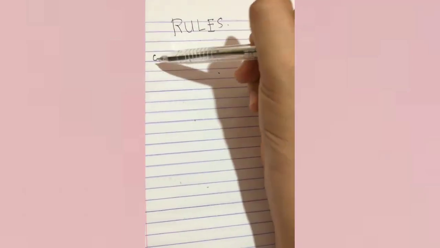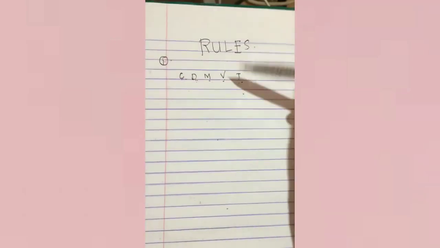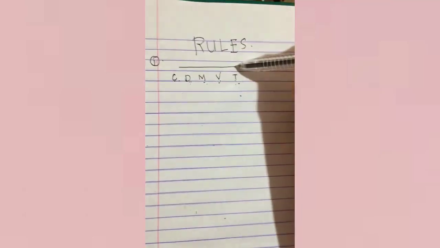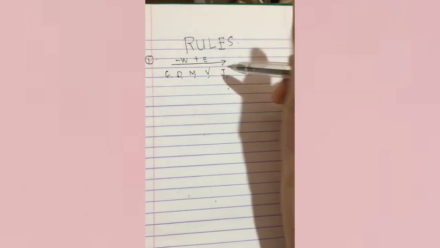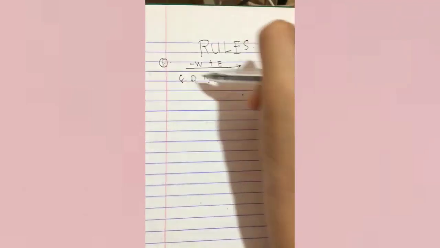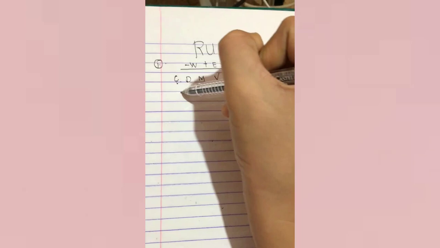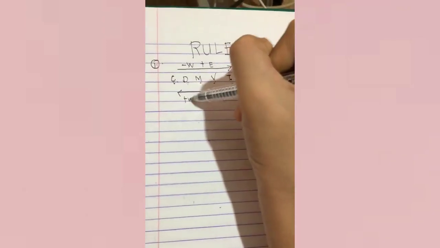The first rule is, when we want to calculate from compass north to true north, we should subtract westerly and add easterly. If we want to calculate from true north to compass north, we should add westerly and subtract easterly.